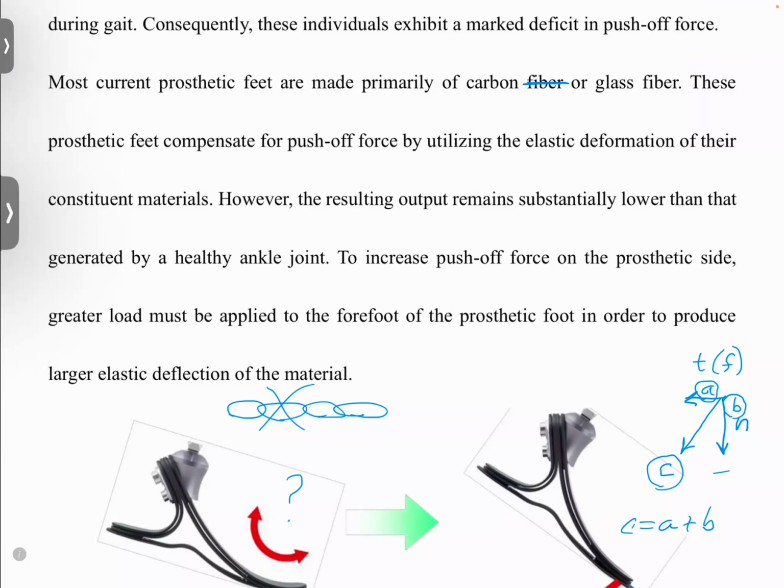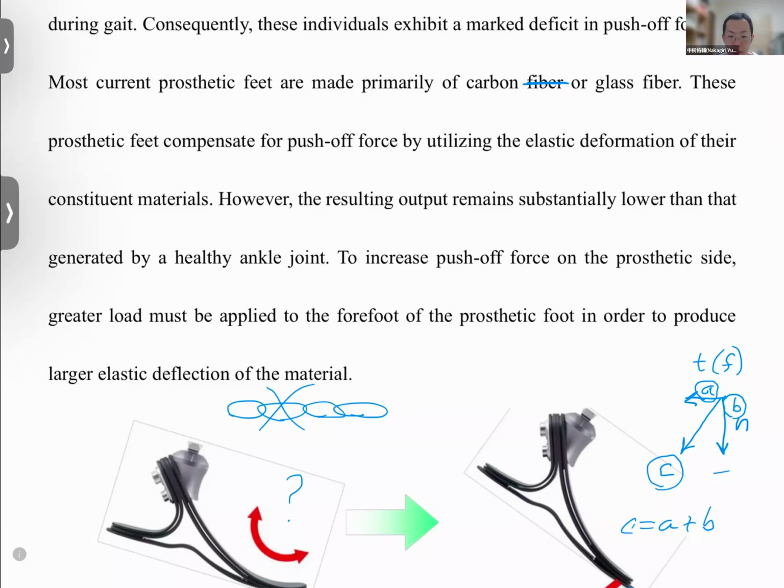Constituent materials. Very good. Much better.